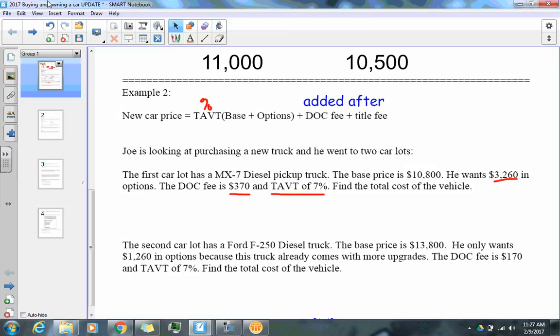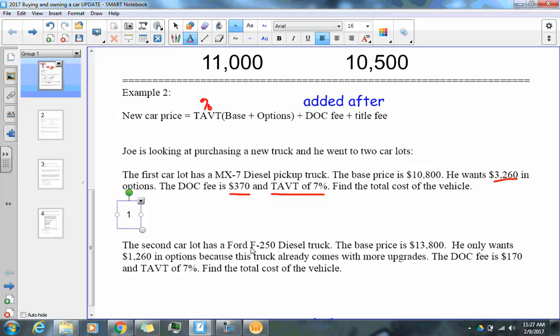Very simply, here we go. We have the base price, which ended up being $10,800. We are going to add the options. Remember, he wanted the upgrade. Sometimes that might be leather seats as opposed to cloth seats, maybe aftermarket tires, whatever. We add that up, and then multiply it by the TAVT.